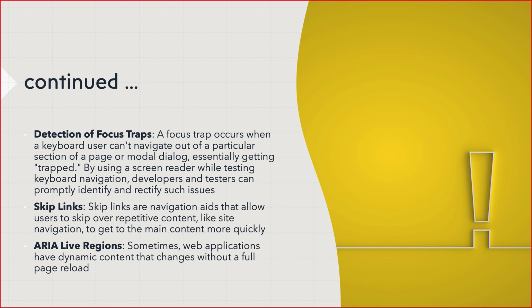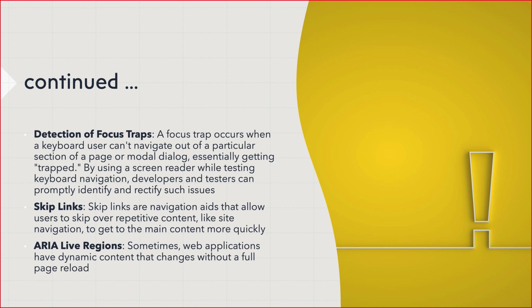The fourth one is the detection of focus traps. This is a special scenario where, say, you click on login on twitter.com, and a modal shows up for you to log in with your username and password. When you hit the escape key, the modal should close.